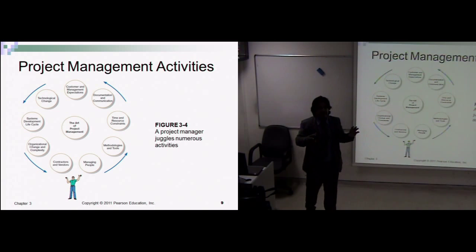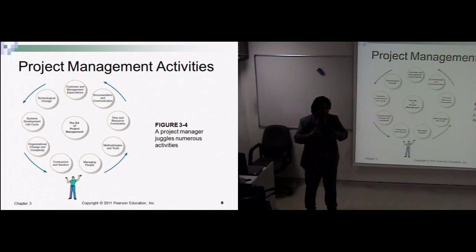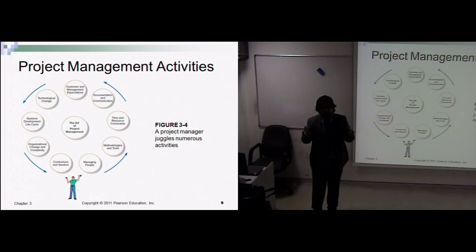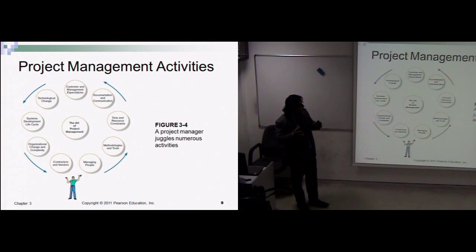Now, in fact, the project manager is not actually a juggler. It is a concept that he is acting like a juggler because there are several activities. For example, you can see here one activity is the systems development life cycle. This is one aspect of the project.